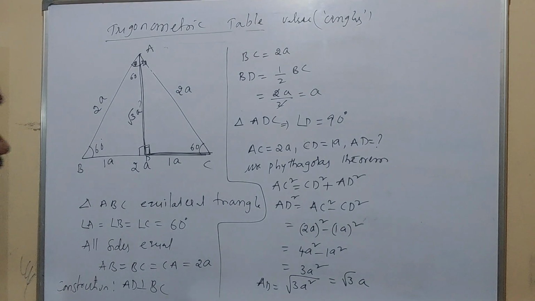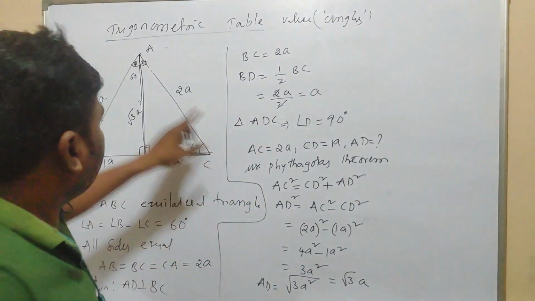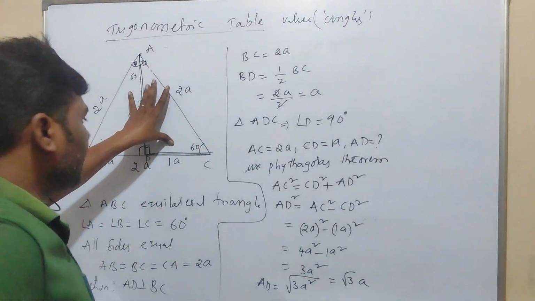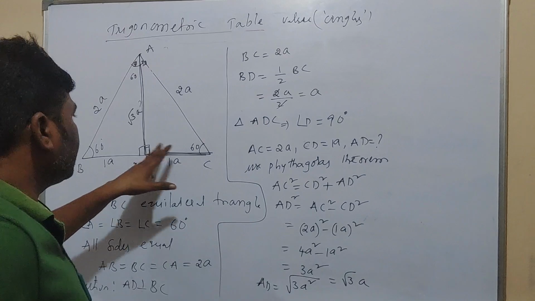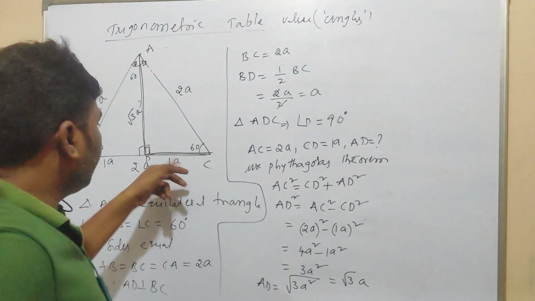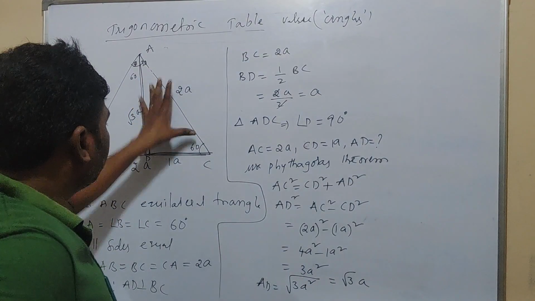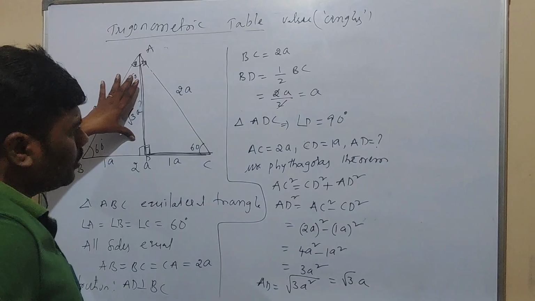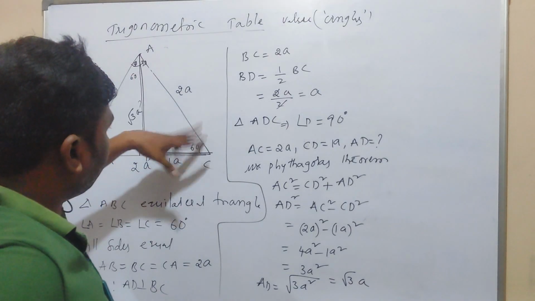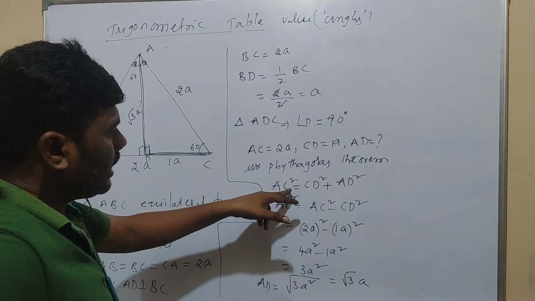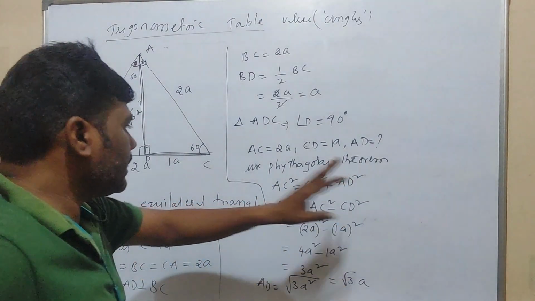One more time I will explain. This triangle ADC is a right angle triangle. Angle D equals 90 degrees, with 60 and 30. AC length equals 2A, CD length equals 1A, AD length is unknown. This is a right angle triangle with hypotenuse and sides, so use Pythagoras: hypotenuse square equals side square plus side square.